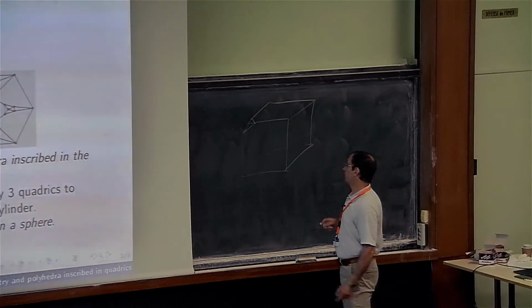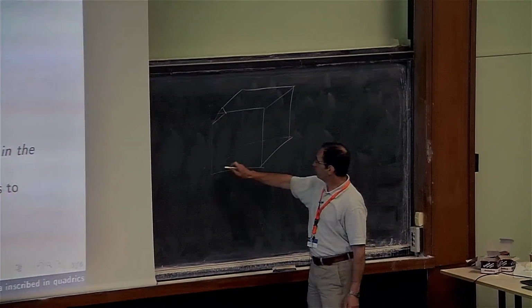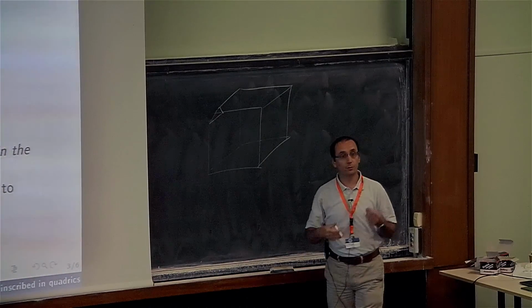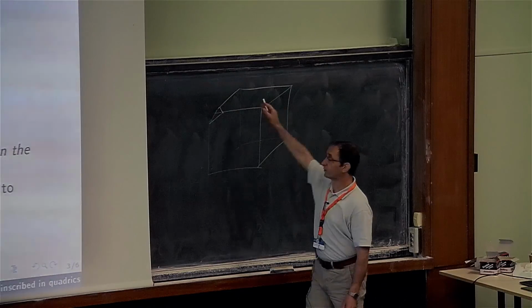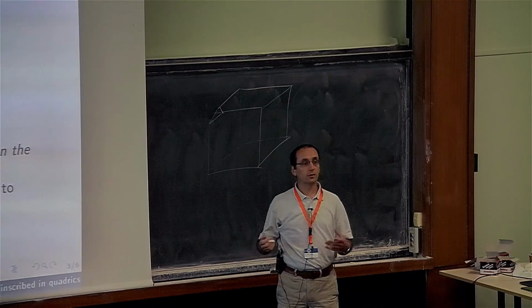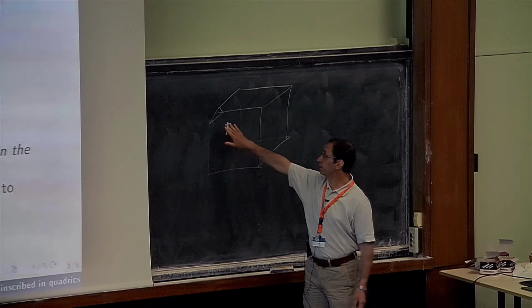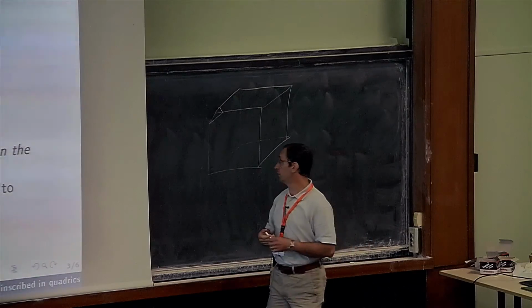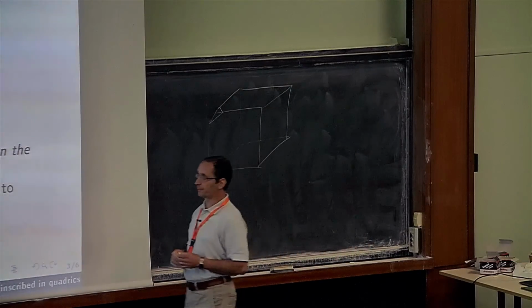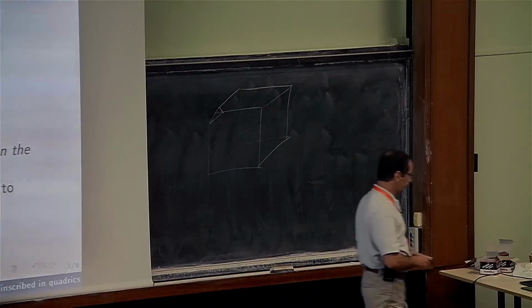And the reason is there is an elementary statement, which is quite interesting, that if you have a polyhedron which is combinatorially a cube, and 7 of the vertices are on some quadric, then the last vertex also has to be on the same quadric. So it follows from this statement that this cannot be inscribed in any quadric, in a sphere, hyperboloid, cylinder, anything. It doesn't work. Anyway, so Steinitz found other examples.